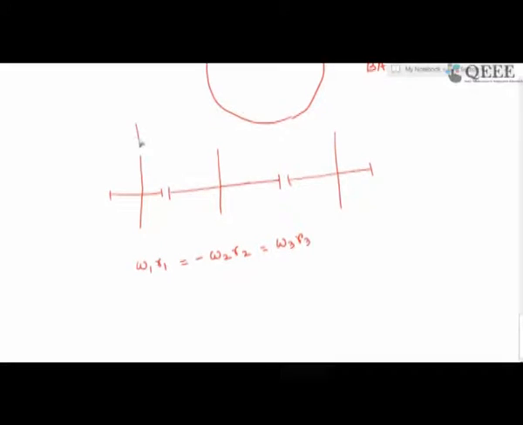Let's say this is the input and that is the output. So what we see is that the input output ratio omega 1 by omega 3 is R3 by R1, right?